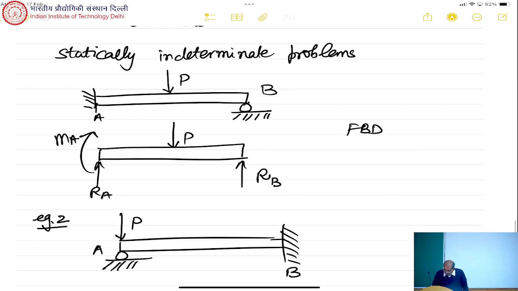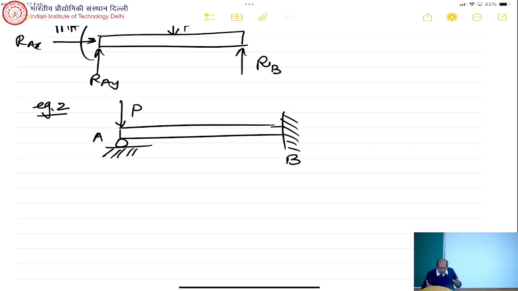Actually, when I draw the free body diagram, I should also put the X force, which of course will turn out to be 0. The reason I'm taking it this way is because of the way we have defined the bending moment, you'll see it becomes a bit easier. So let's start.